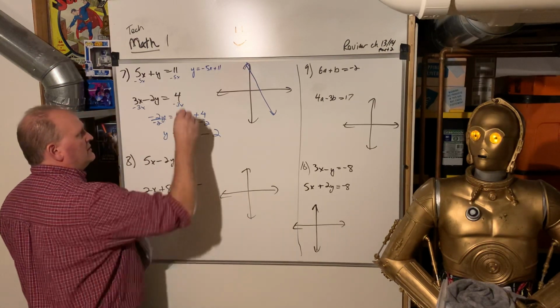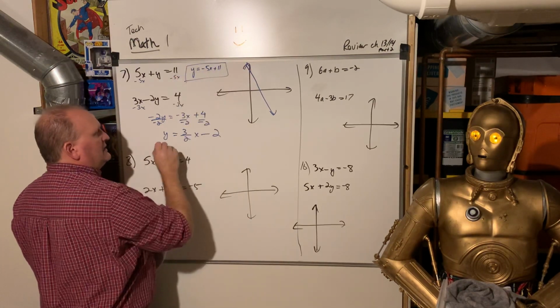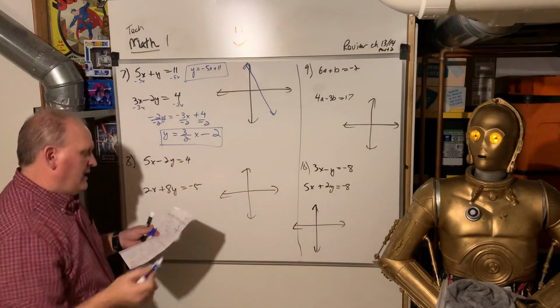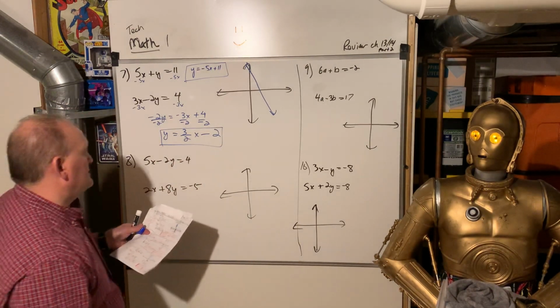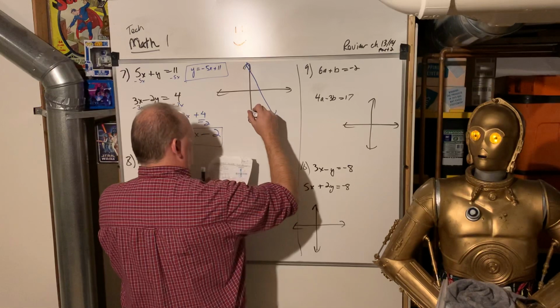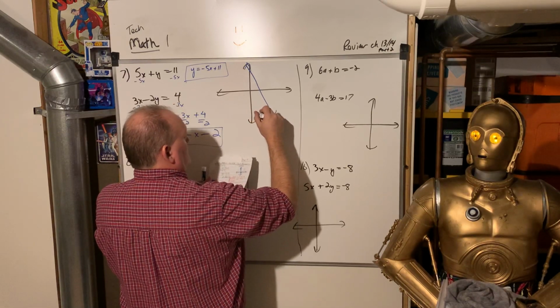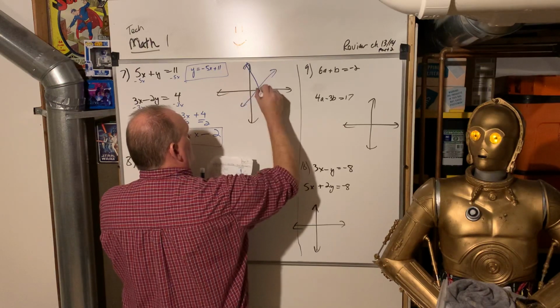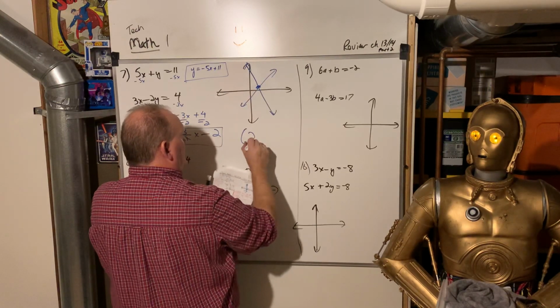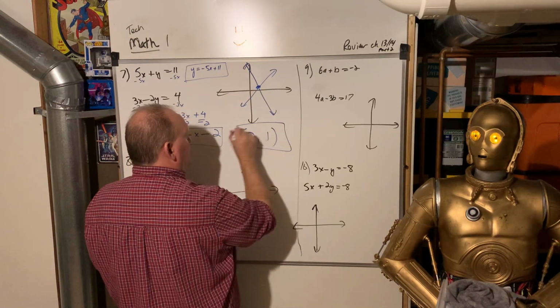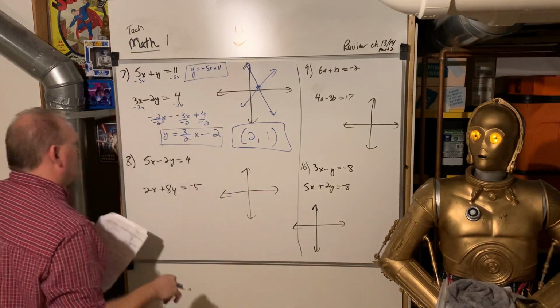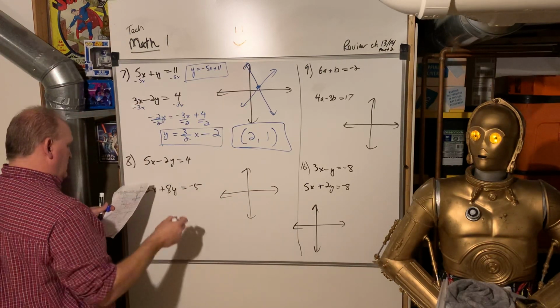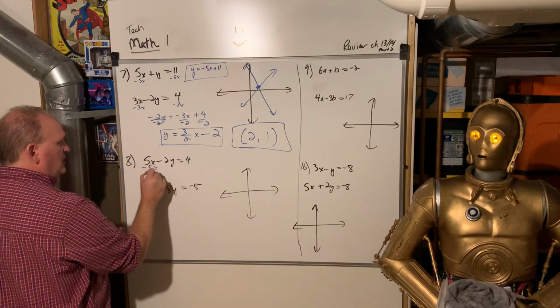So this is a line, this is a line, and you graph that line. That starts at negative 2 up 3 over 2, and they cross just above the x-axis, it looks like. And so then you find it at 2, 1. That is the point of intersection. The calculator does the work. Same thing, same dog, different fleas here.